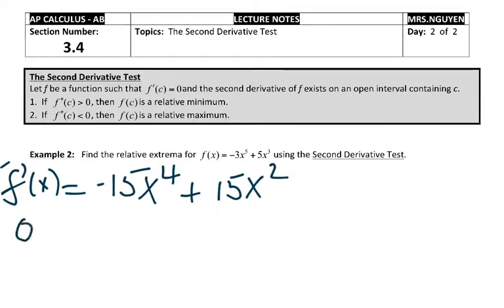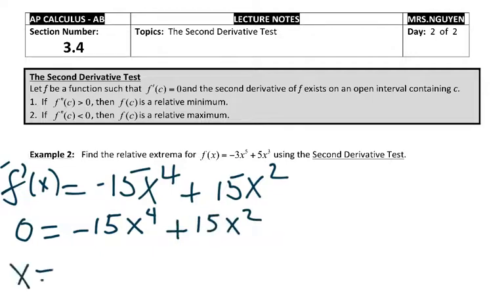Then we set this equal to 0 and solve for x values. Those are the critical points that we want to find. So set that equal to 0, and x should be equal to 0, positive 1, and negative 1.